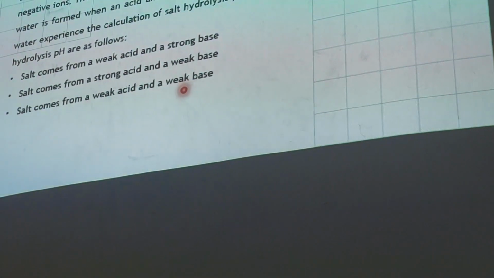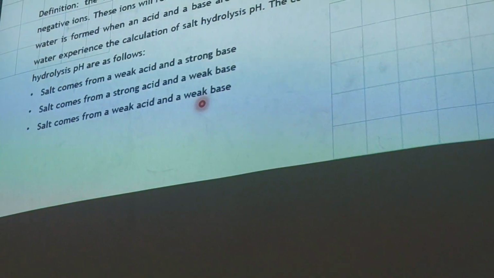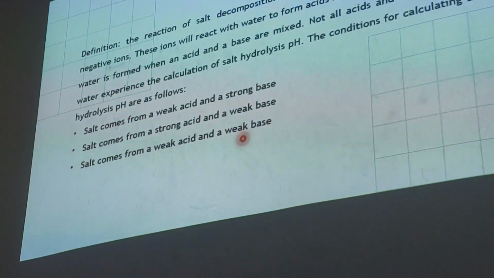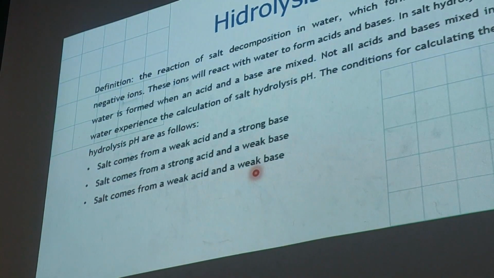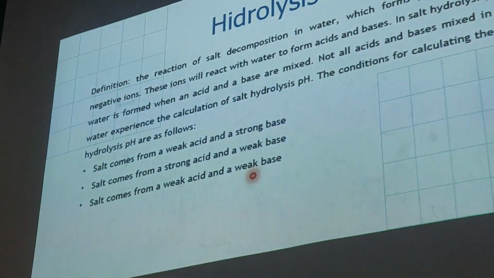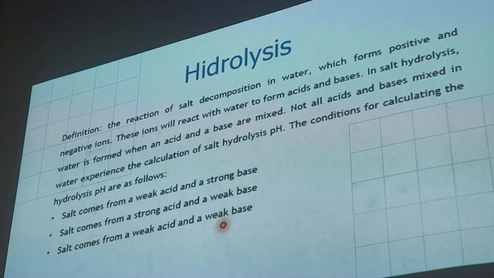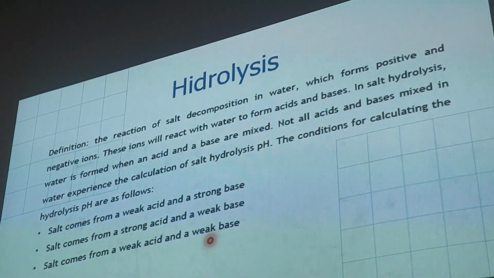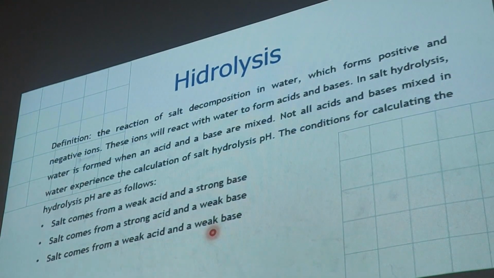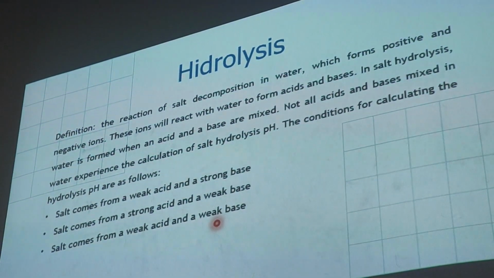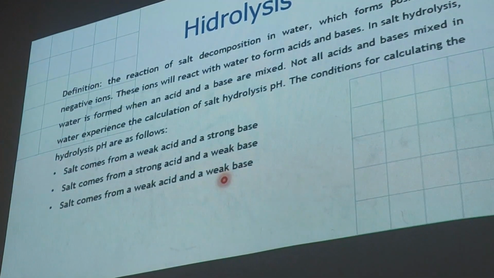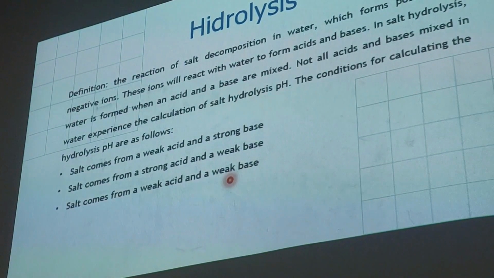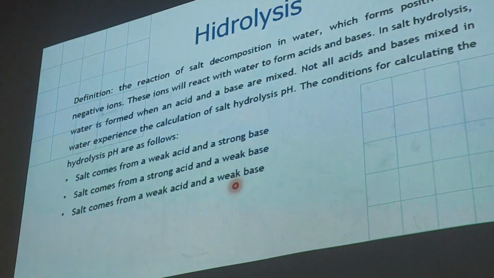Strong acid and strong base have no hydrolysis reaction, because the pH of the salt is neutral, 7, so there's no hydrolysis reaction from strong acid and strong bases. Did you understand what I mean?